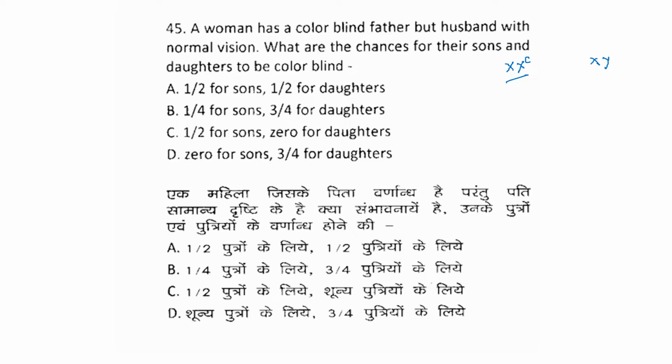Now, the daughter will receive either X or this X. So in this case, the daughter will be normal, and in this case, the daughter will be a carrier.